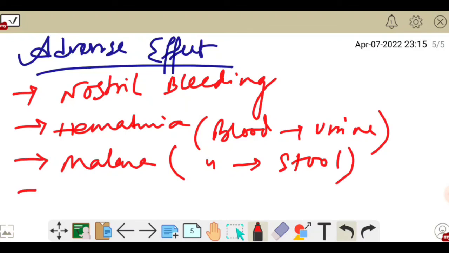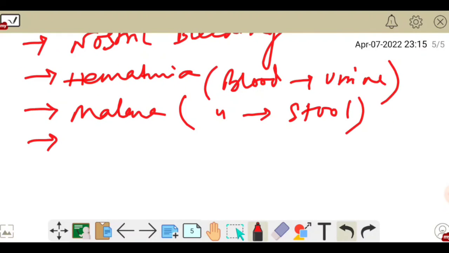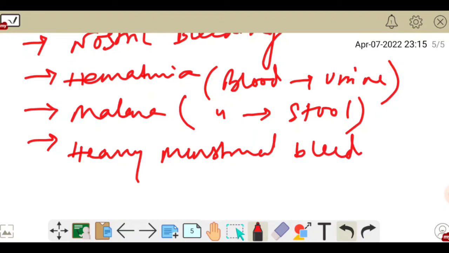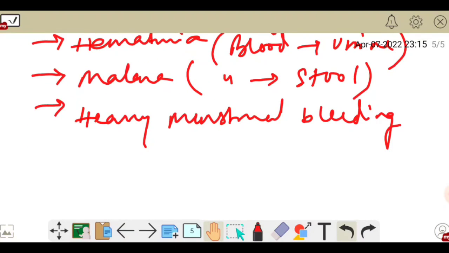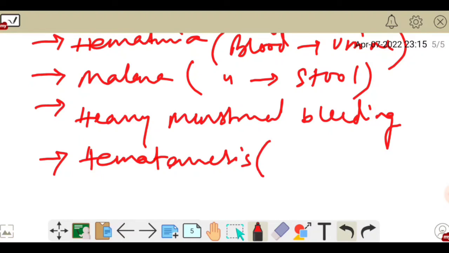There may be heavy menstrual bleeding. There may be hematemesis, that is blood in vomit.